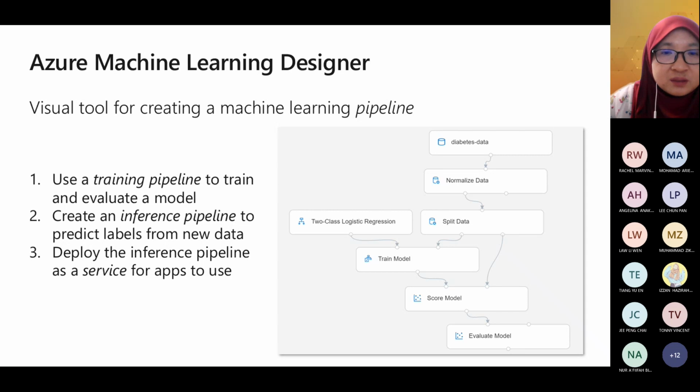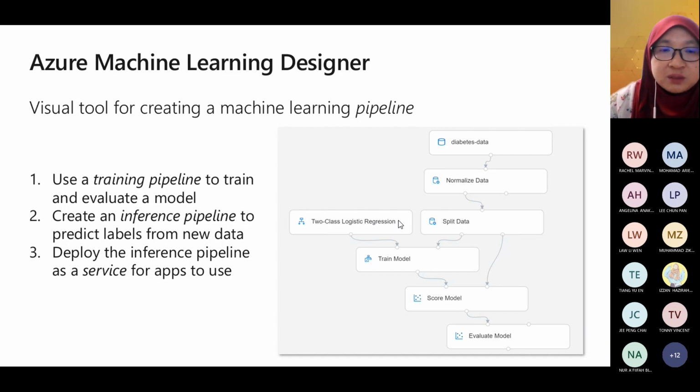This classification function has two possible classes, so an appropriate binary, 0-1 classification algorithm must be used to train the model. In this case, two class logistic regression is the algorithm, but designer includes multiple algorithm options which you can choose. This is actually built in dalam Azure lah.